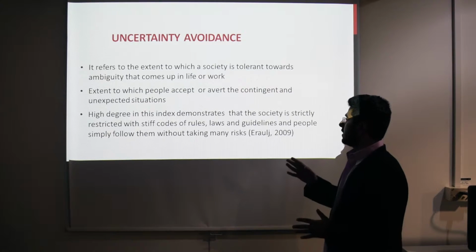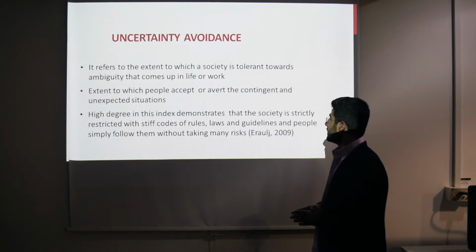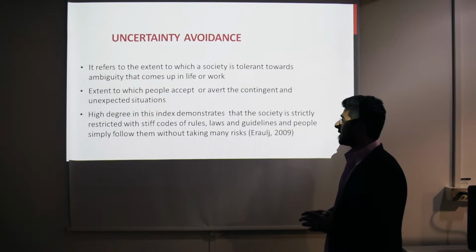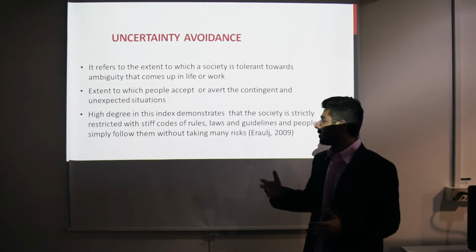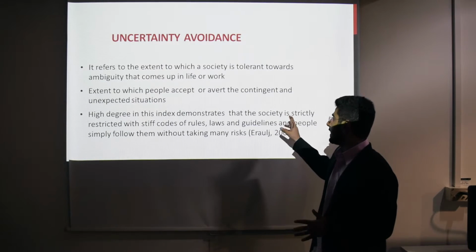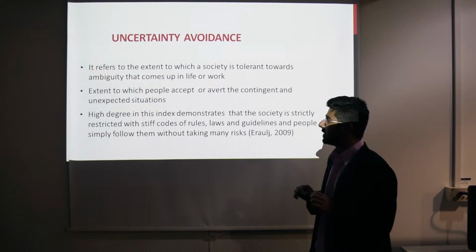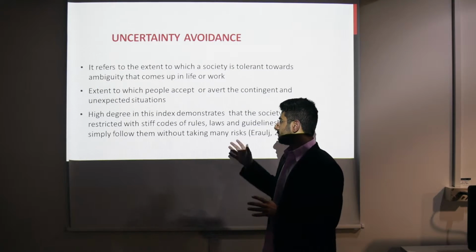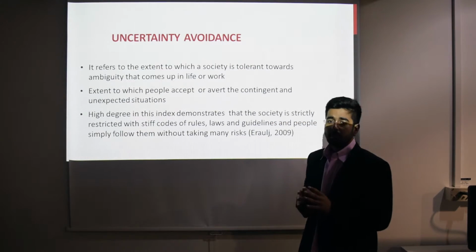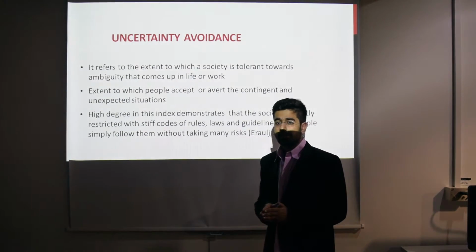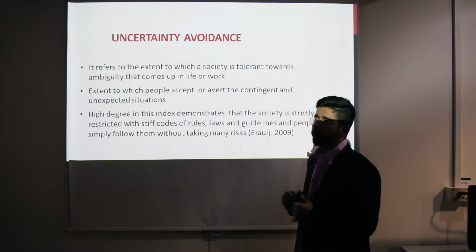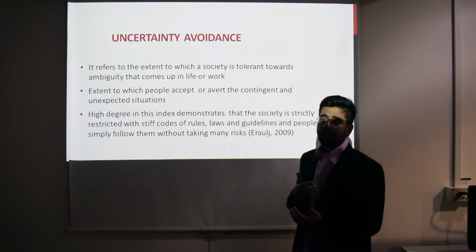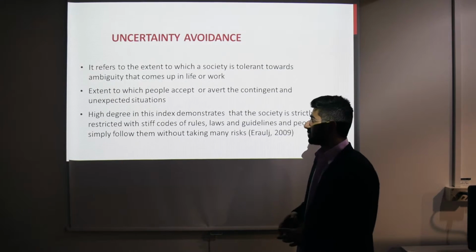It is the extent to which people accept or avoid contingent and unexpected situations. According to this statement, we come across various unexpected situations, so we are talking about how we accept them in our life, society, or our businesses.